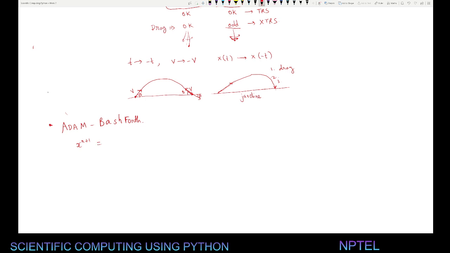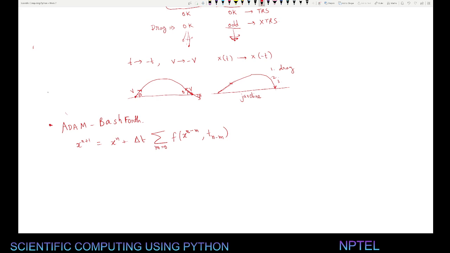The general form is x_n plus delta t times something, and that something can depend on all of the past: x_n, then x_(n-1), x_(n-2), etc. So it could go up to x_(n-m) and t_(n-m), where m starts from 0.